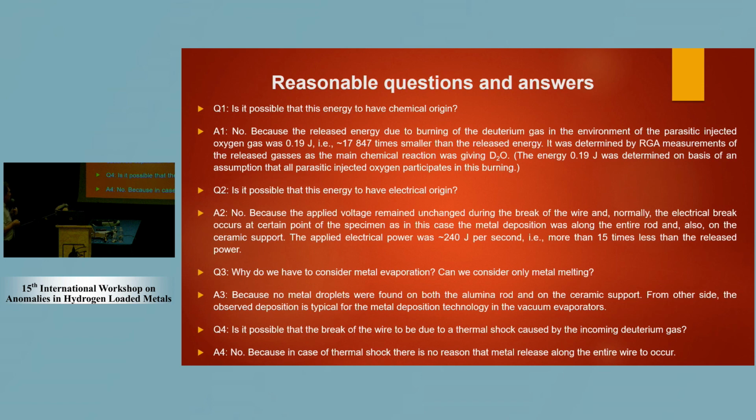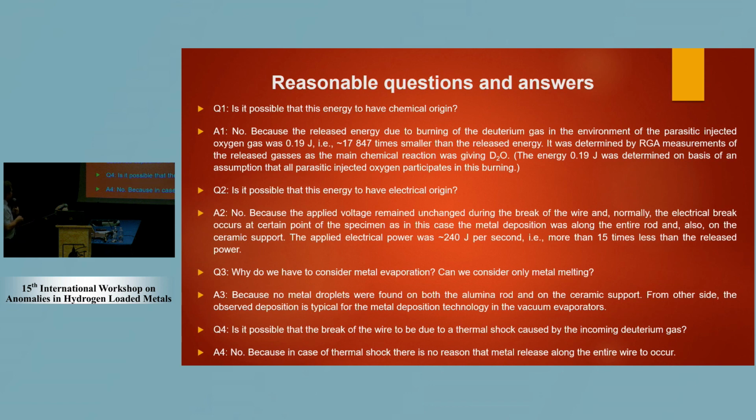Why do we have to consider metal evaporation? Can we consider only metal melting? No. Because actually no metal droplets were found anywhere. If you remember the view of the evaporated metal along the alumina rod, it is exactly the metal deposition which normally takes place in vacuum evaporators.